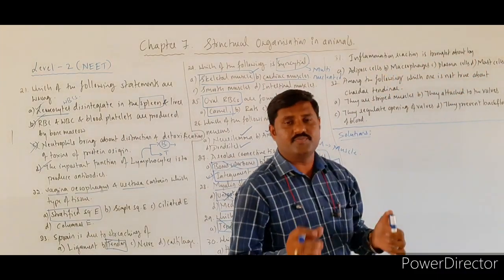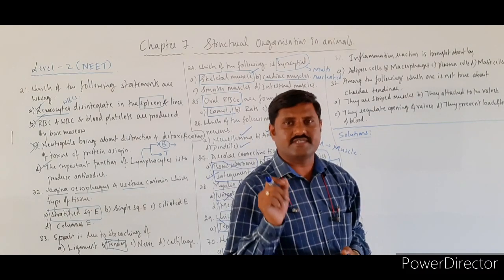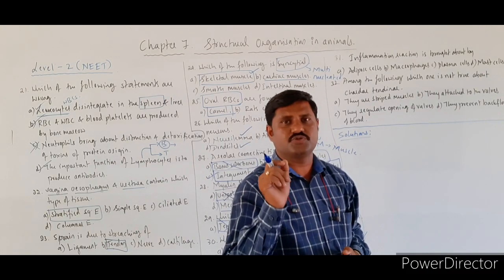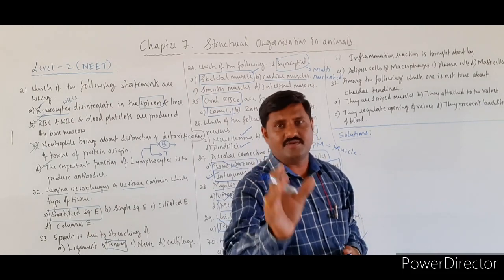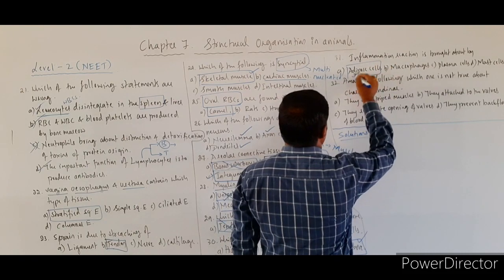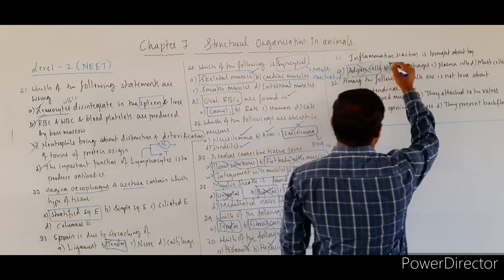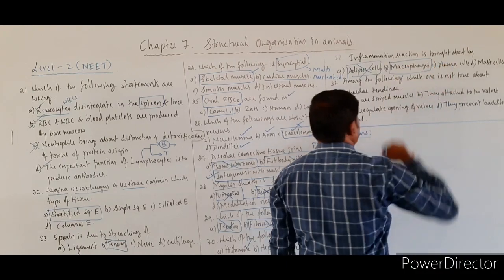He says adipose cells are nothing but adipocytes, and these adipocytes are meant specially for the storage of fat material, right? So that's why adipose cells is not the correct answer. And macrophages, you know what macrophages are?